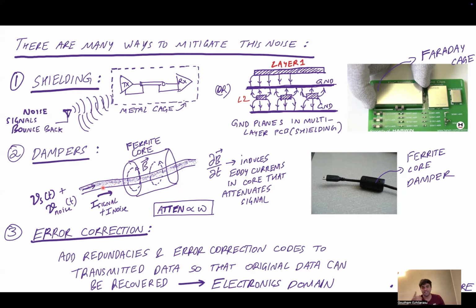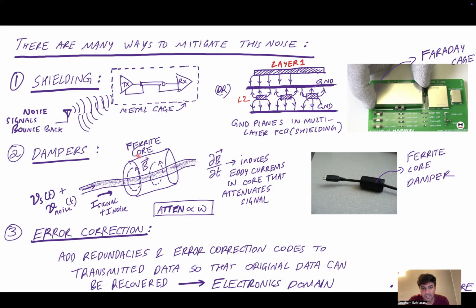This magnetic field passing through, or linking to, the ferrite core can induce, because of Faraday's law of induction, eddy currents in this ferrite core. These eddy currents cause power dissipation and will therefore cause an increased attenuation of these noise signals.